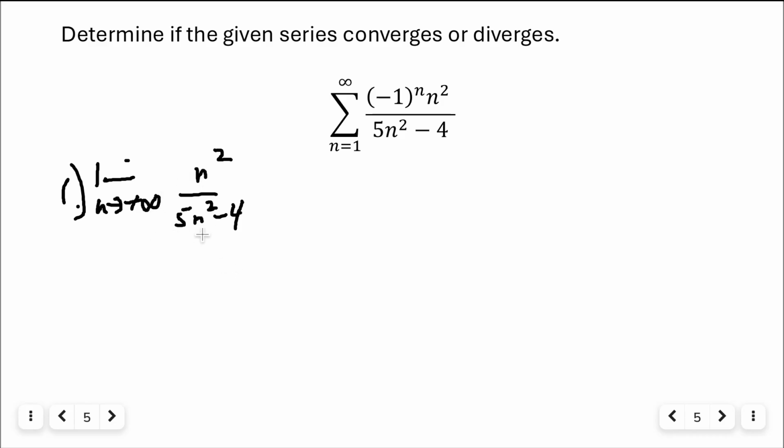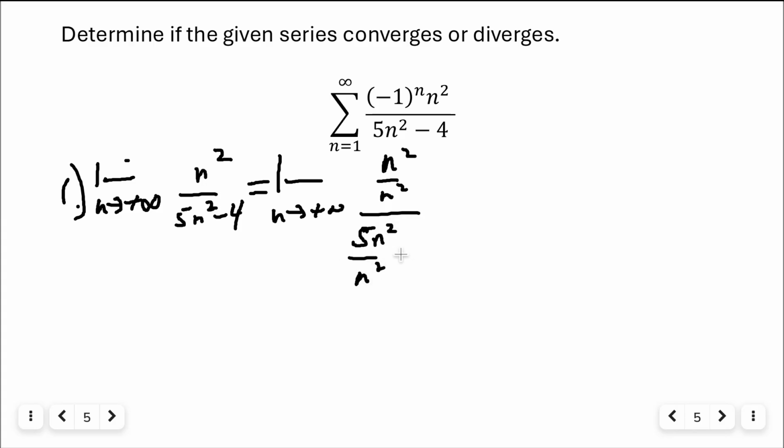It's indeterminate. I could use L'Hopital's rule. I could divide by the dominant power. If I do that, just to say I did it, you probably already know what the limit is. That's fine. But we're going to say we did it just to do it. So that's the limit, I forgot the limit sign. Sorry.